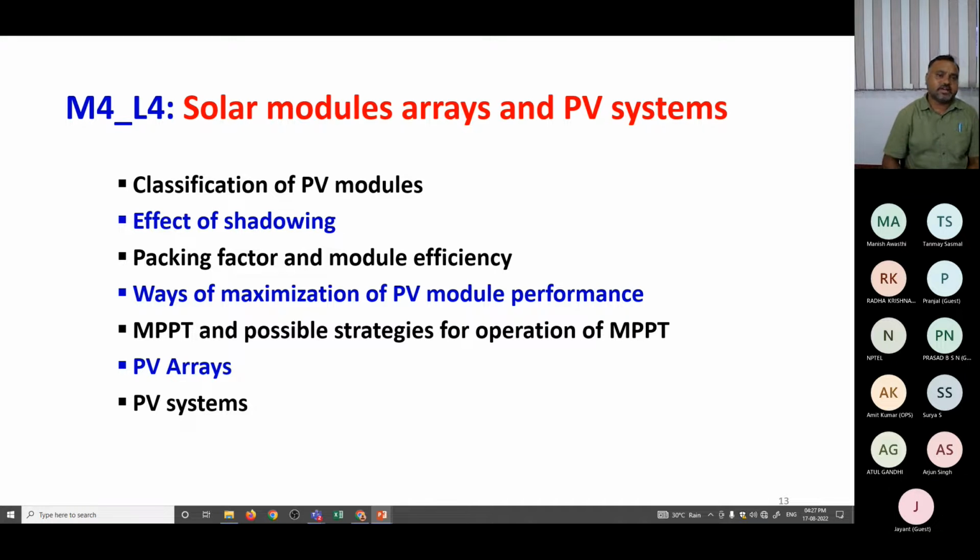So that way we have done all those analyses, and we have studied the classification of PV modules, the effect of shadowing, packing factor, module efficiency, ways of maximization of PV module output, then MPPT, and different possible strategies for operation of MPPT, PV arrays, then PV systems. So all the components were covered under this lecture.